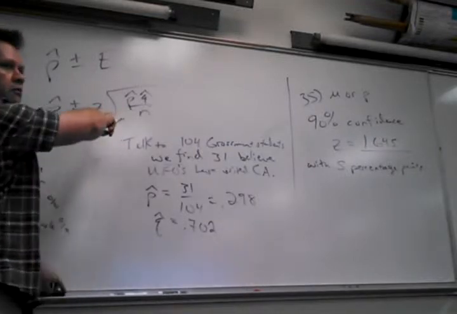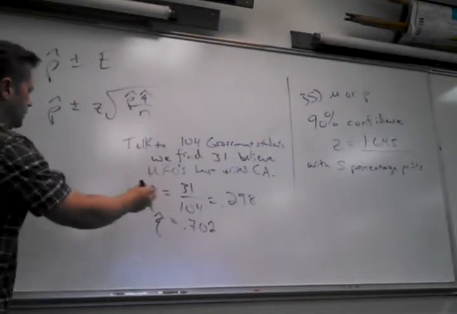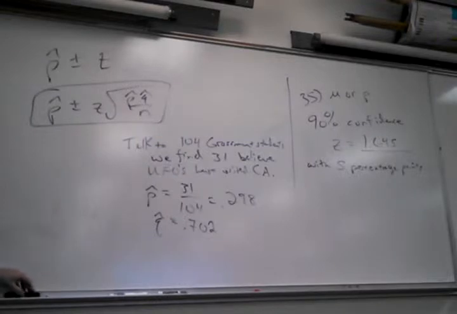And now we just use this formula. Well, now I have to tell you, what do I still have to tell you before we can use this? Construct a confidence interval.